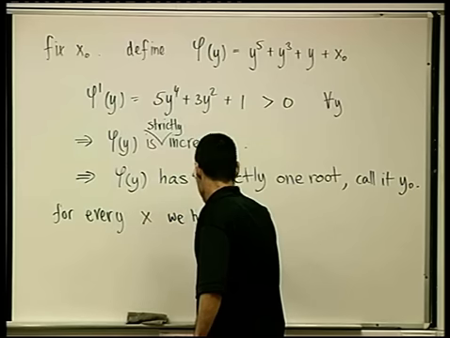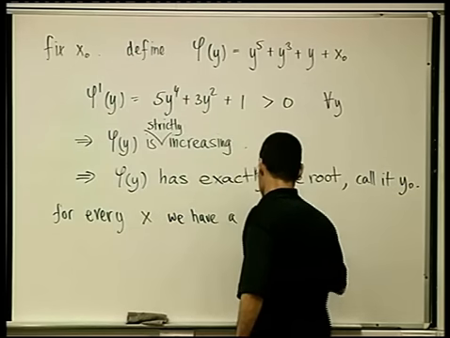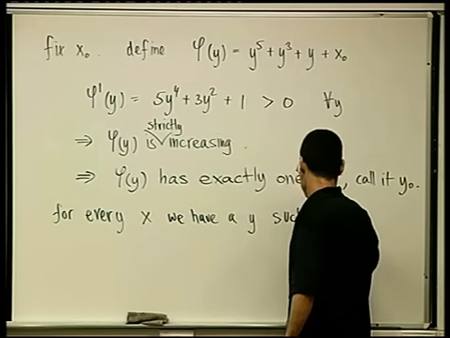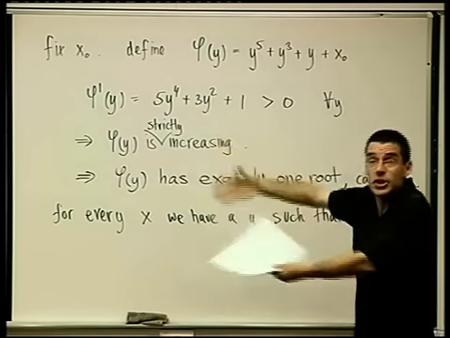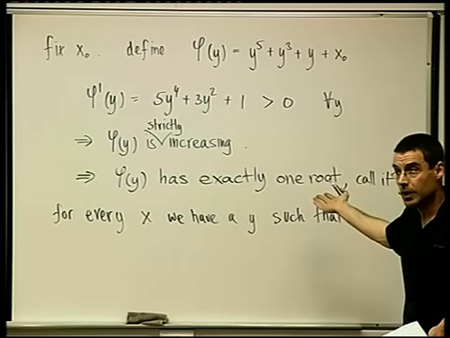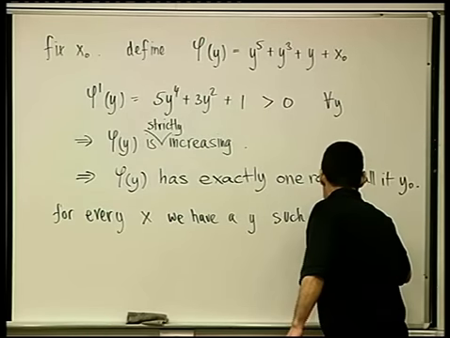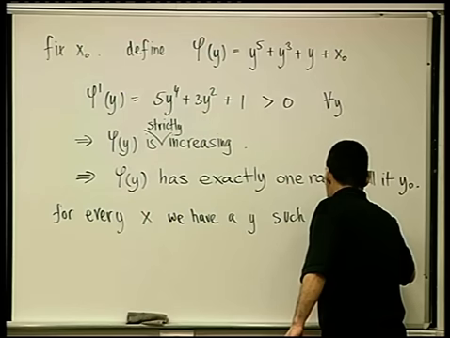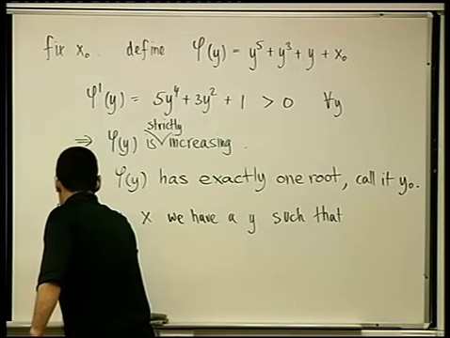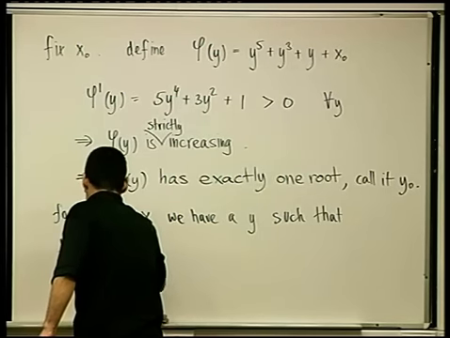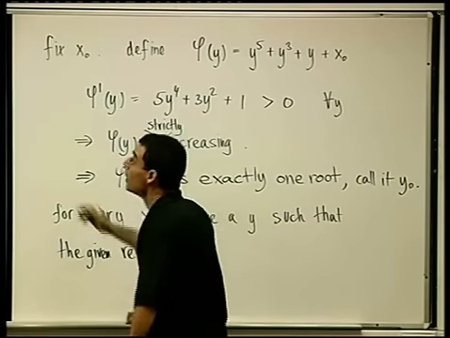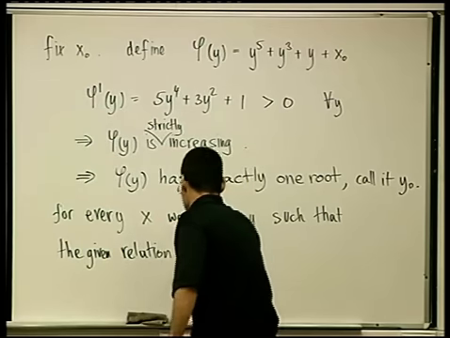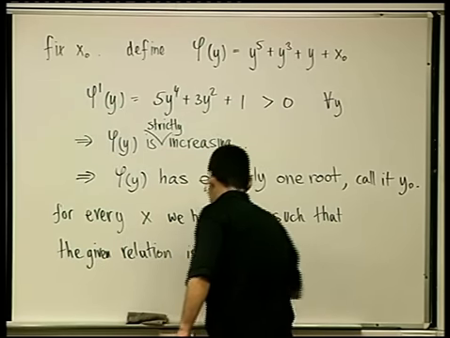We have a y such that the given relation, y to the fifth, etc., is 0.